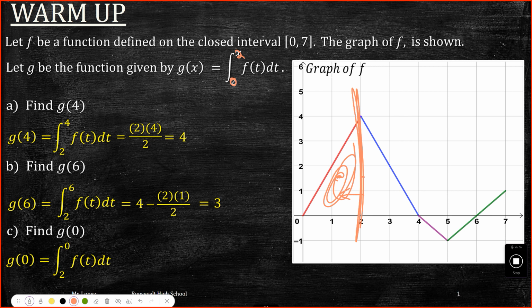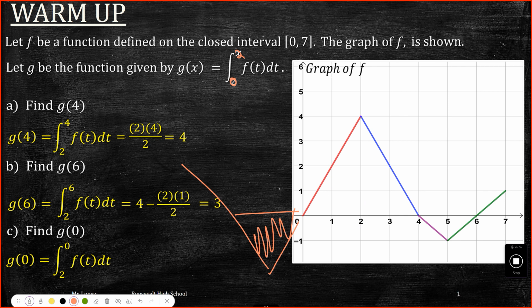So everything switches. If we go this way, this would be negative 4, and this would become positive. So everything switches with the direction, because the direction is so important here.